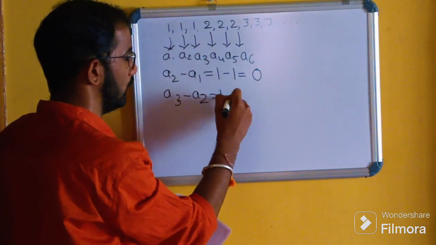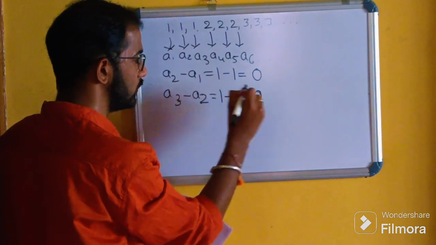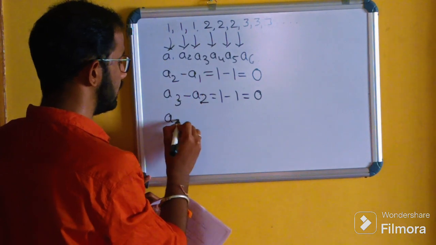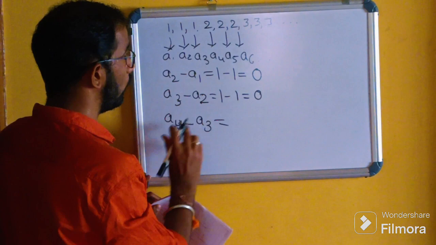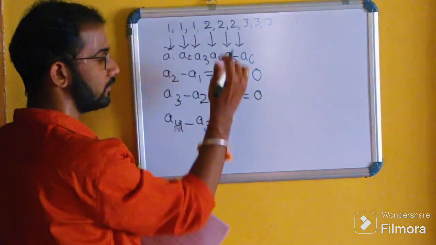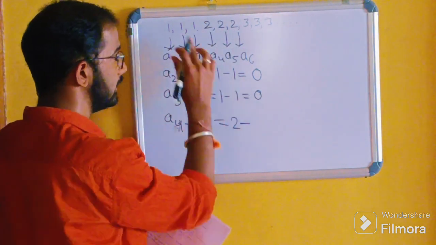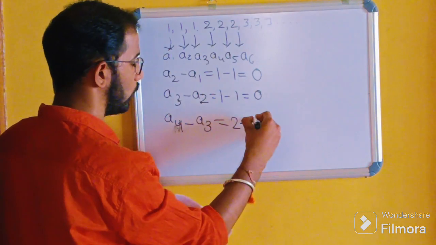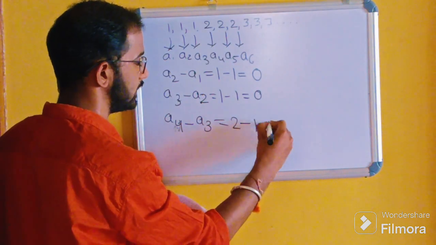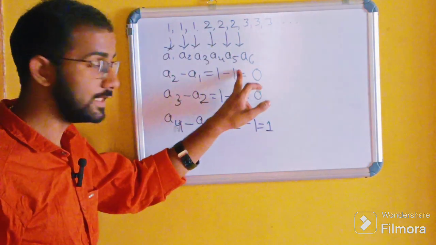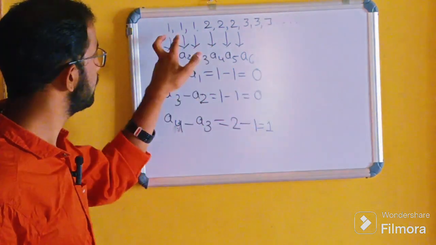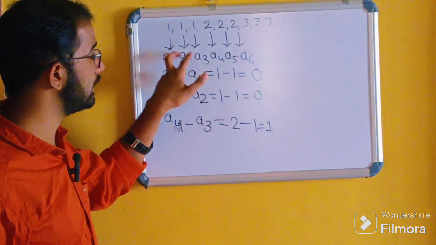In this sequence, the difference between consecutive pairs is not the same. Here, the D is not fixed. Hence, this given sequence is not an arithmetic progression. So, these problems I have solved in notes. I also provide this in the description box. You can check. So, let's solve an exercise.